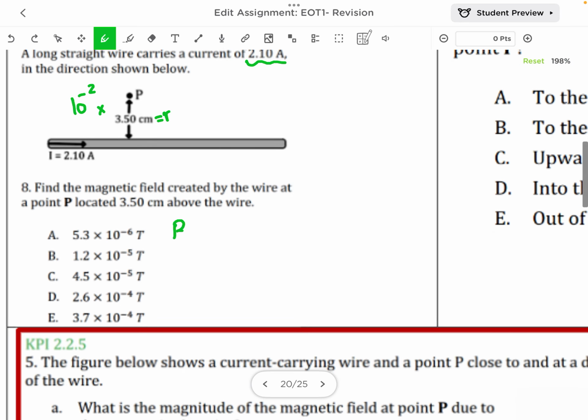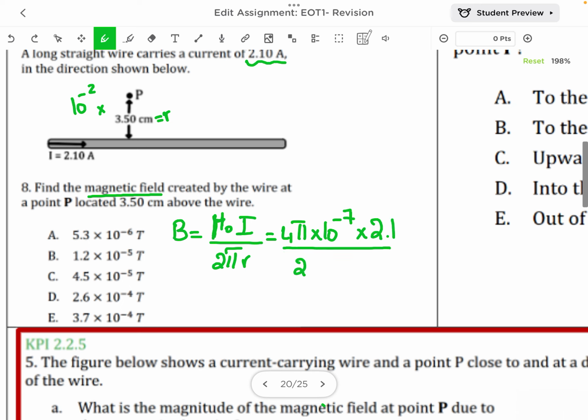So basically, finding the magnitude of the magnetic field, it is mu 0 I divided by 2 pi r, 4 pi 10 to the power of negative 7. I is 2.1 divided by 2 pi. Not to forget that it is 3.5 centimeters, 10 to the power of negative 2. The answer is also B. The unit is Tesla.